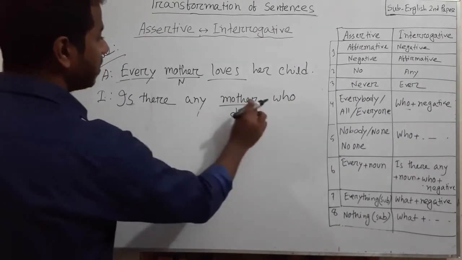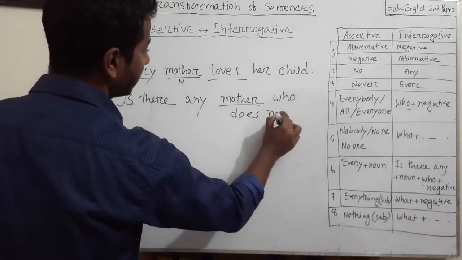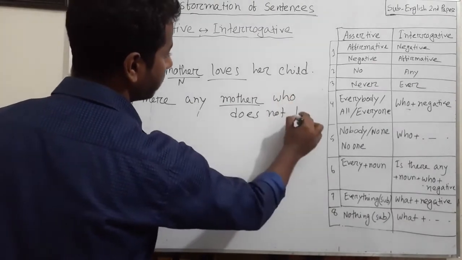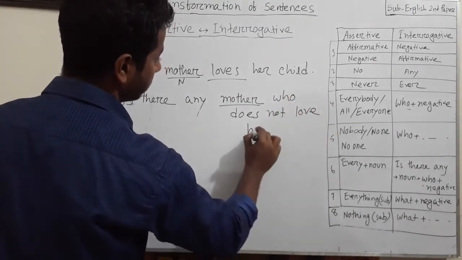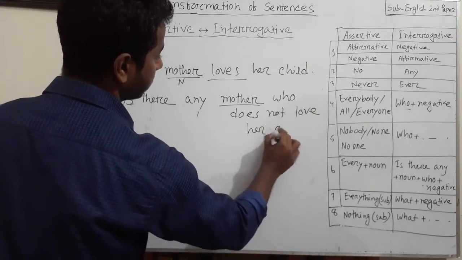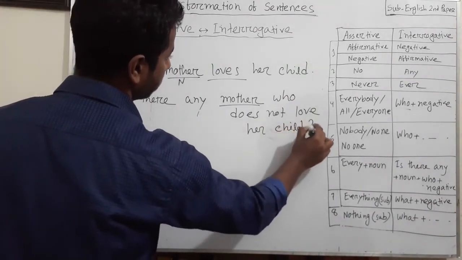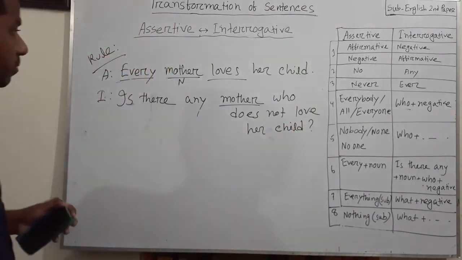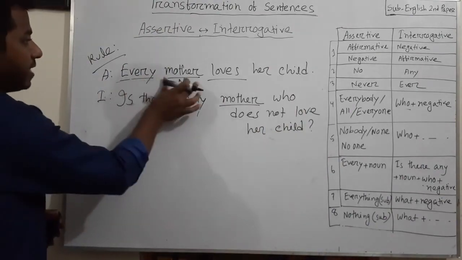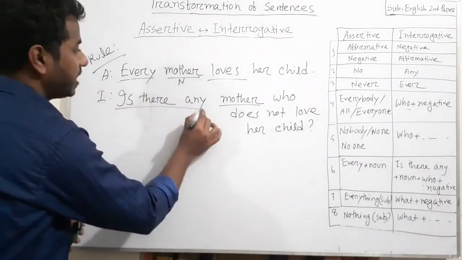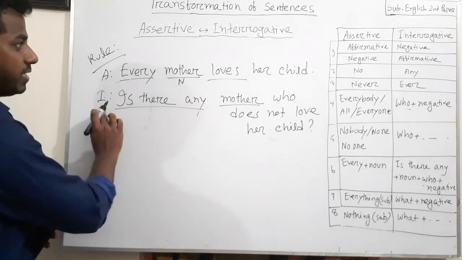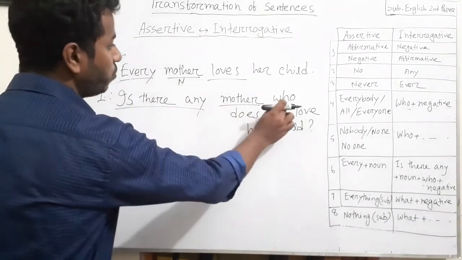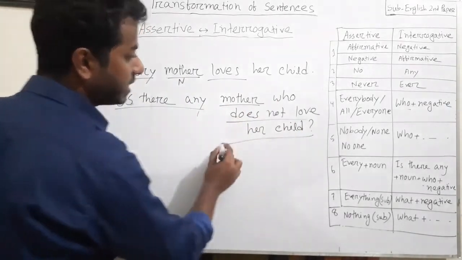So: is there any mother who does, then negative form, who does not love her child? Okay, dear learners, look at the sentence. Every plus noun, then is there any instead of every in the interrogative sentence, then the noun, then who, then the sentence will be in negative form.